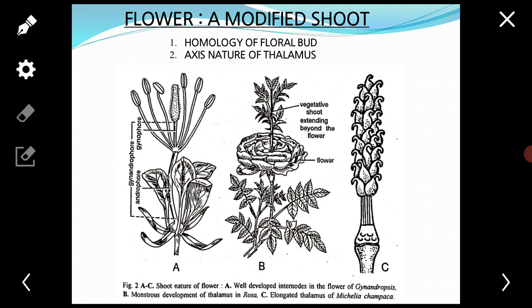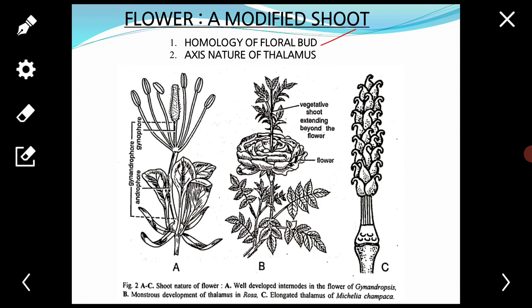First, that is the homology of floral buds. The floral bud is identical to the vegetative bud in its origin, though different in its outward appearance.